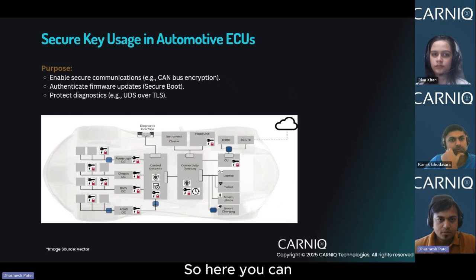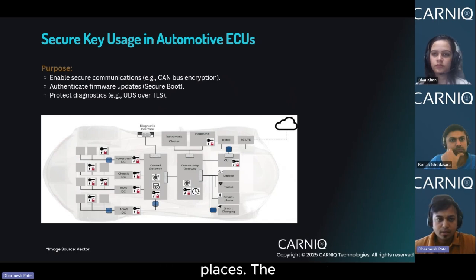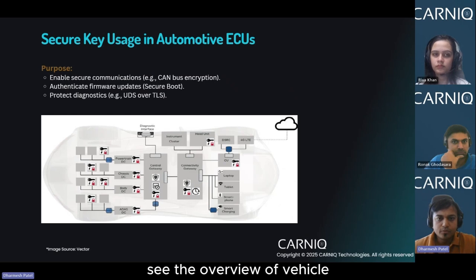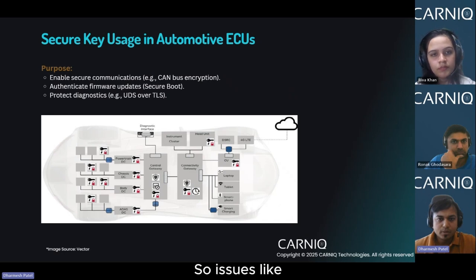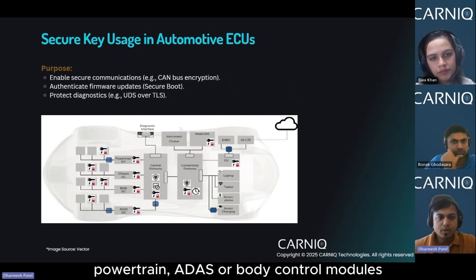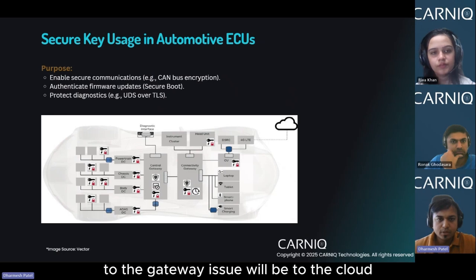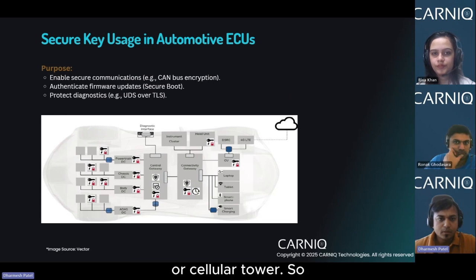Here you can see in the image all the places where cryptographic keys are used in current modern vehicles. You can see the overview of the vehicle network architecture. ECUs like powertrain, ADAS, or body control modules communicate via the central gateway ECU, and externally the connectivity to the gateway ECU is to the cloud, remotely connected via Wi-Fi or cellular tower.